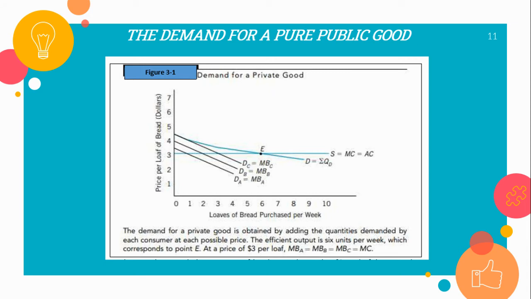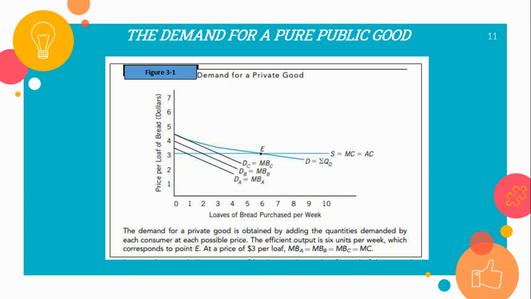Finally, the person with demand curve DC purchases 3 loaves per week at a price of $3 per loaf because MBC is equal to $3 at that amount of weekly consumption. So the total market quantity demanded by these three consumers is 6 loaves per week at a price of $3 per loaf. This is represented by point E on the market demand curve.